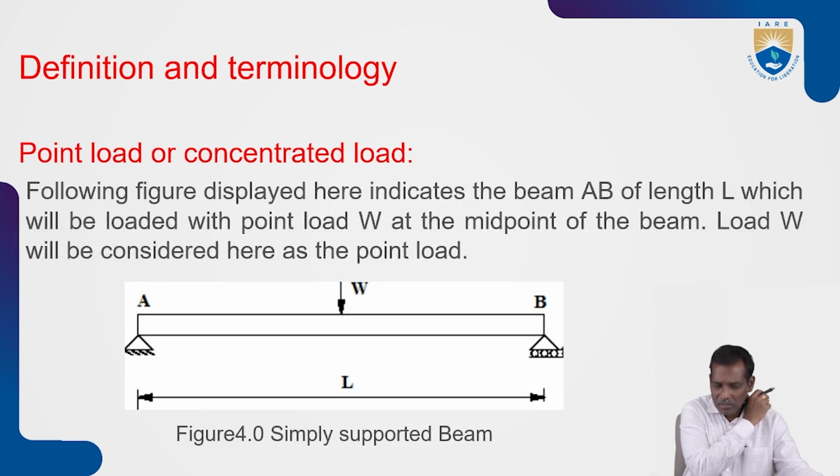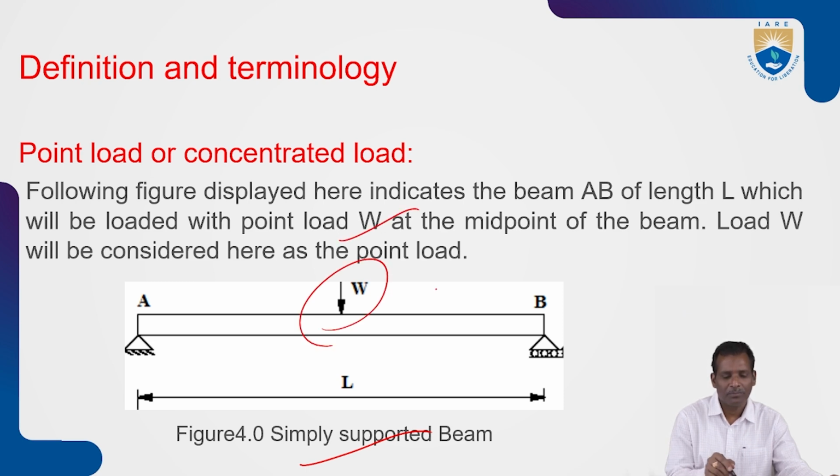See, the following figure displayed here indicates the beam AB of length L, given the beam is a simply supported beam. So the beam AB of length L will be loaded with point load W at the mid of the beam.